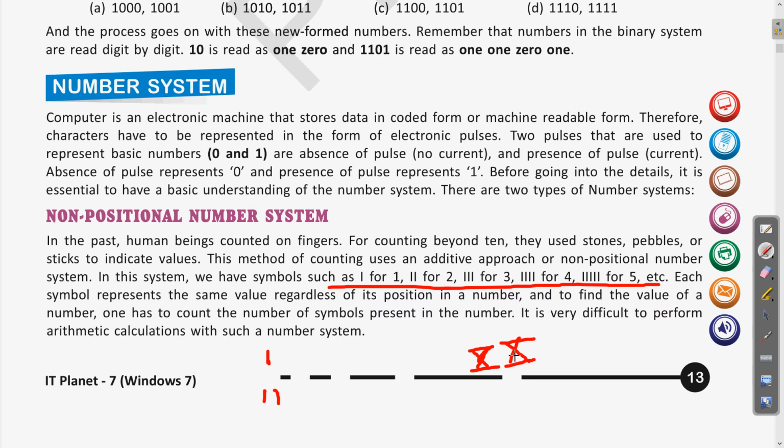As the name itself makes clear, in the non-positional number system the value of the number doesn't change according to the position of the symbol. Clear? So this was the non-positional number system, and the Roman system is one such example. Okay, so let us see now the positional number system.